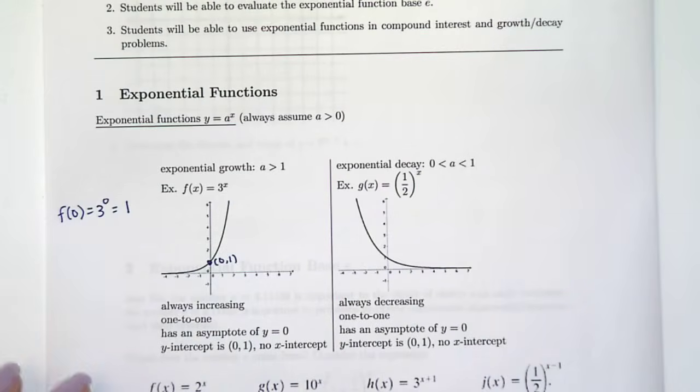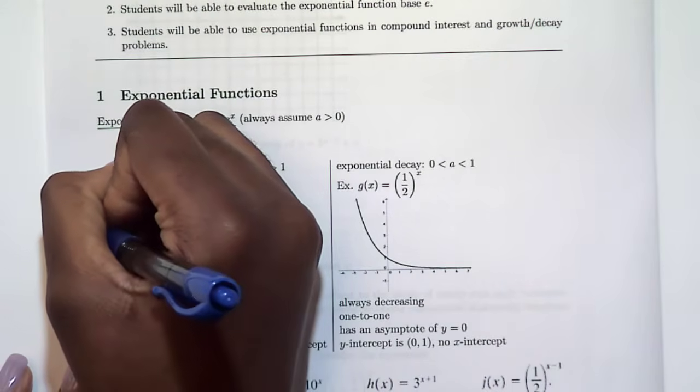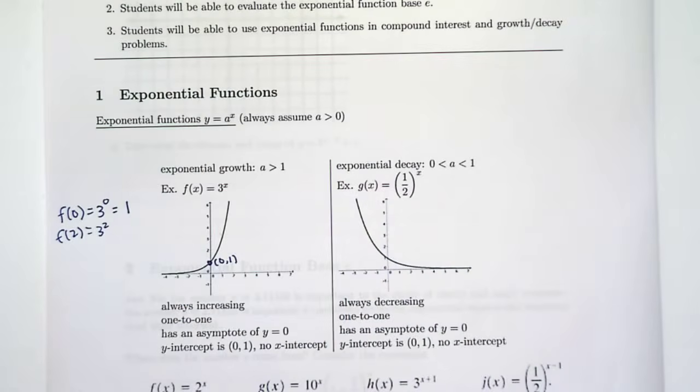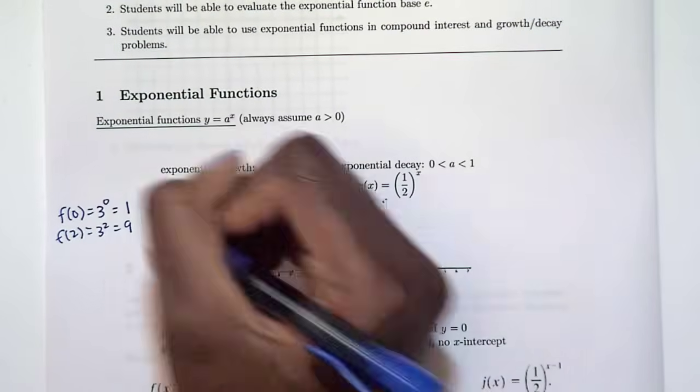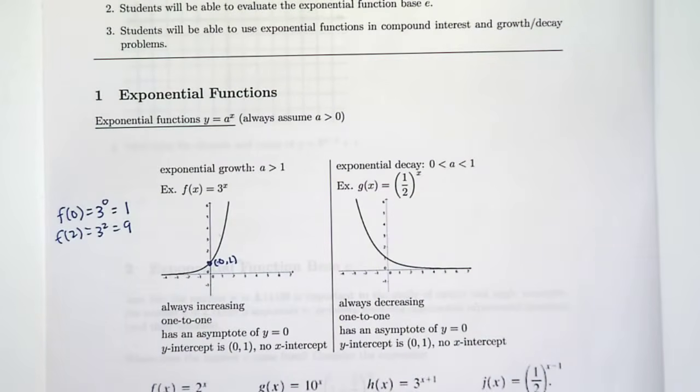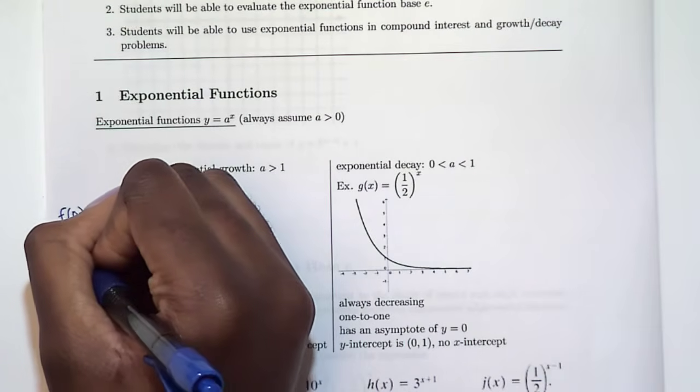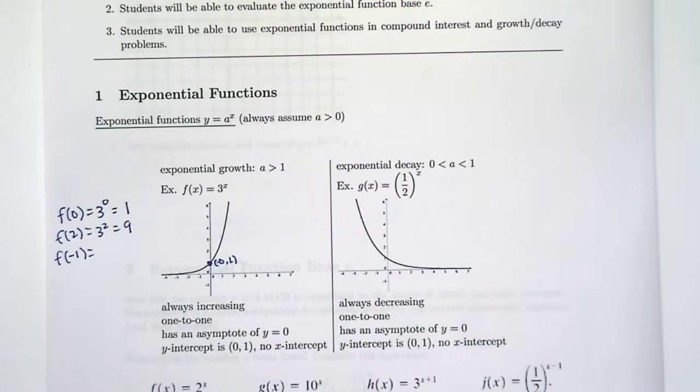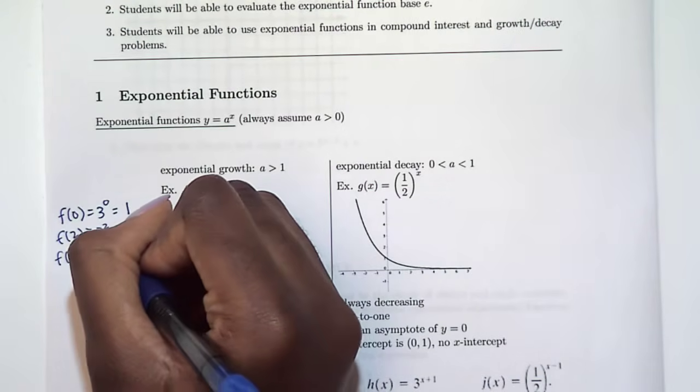So let's look at a couple more points. Let's look at f of 2. That's 3 squared, which is 9. What about a negative number? f of negative 1. So what would that look like? 3 to the negative 1.